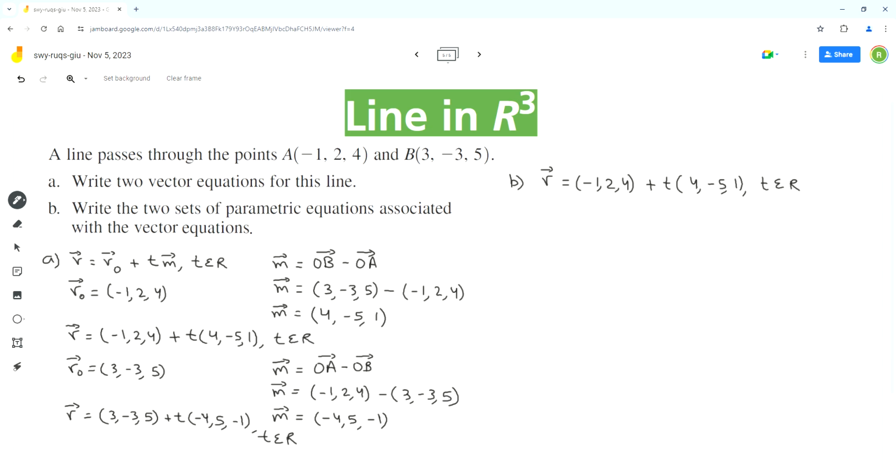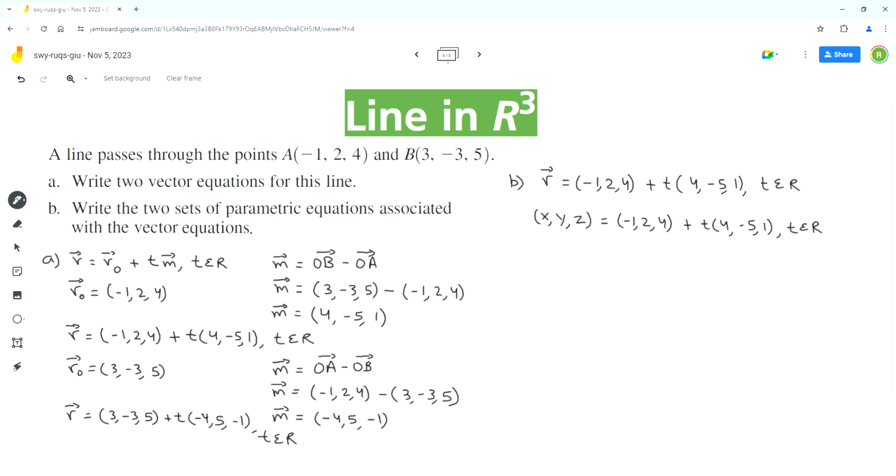So let's assume the unknown point represented by a position vector r is x, y, z. Now we can use the x, y, and z components of these three vectors to write the parametric equations.